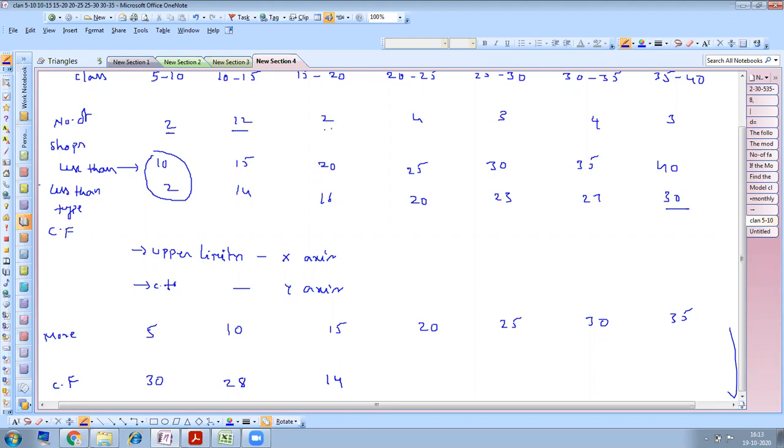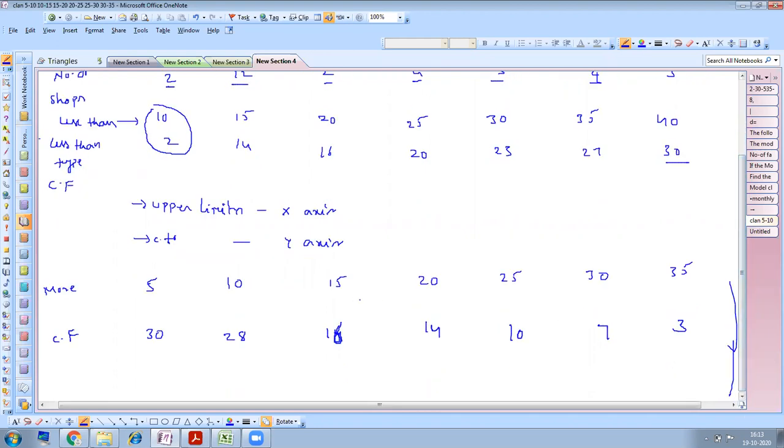From here, 2 plus 4, 6, 9. 9 plus 4, 13, 13 plus 3, this is 16. Sorry, guys. This is 16. And this is 14. And this is 10. And this is 7. And this is 3. These are the coordinates.